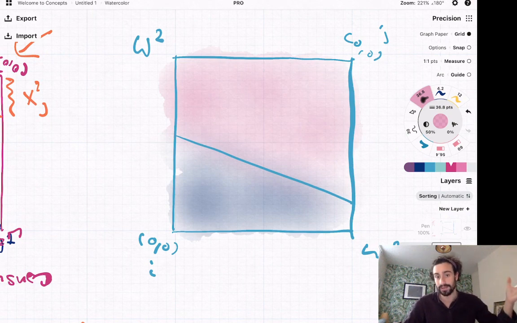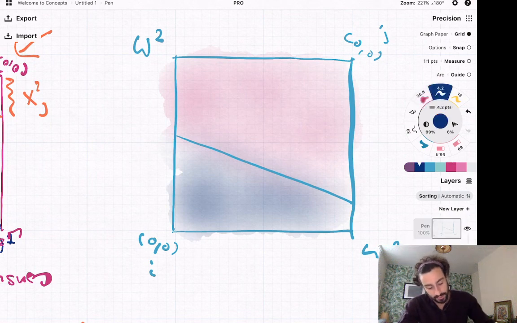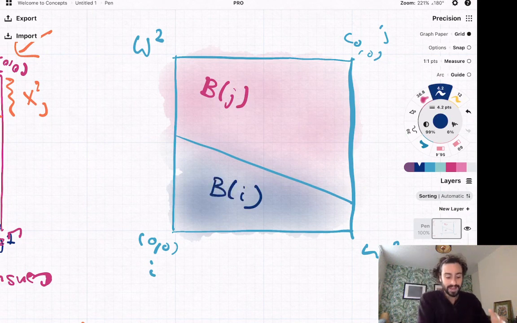I'm just not precise enough with my tools. But so this is the budget set, right? In some sense, this is the budget set of consumer J, and this is the budget set for consumer I. And this makes sense, right? You can always afford nothing here, or consumer J could always afford nothing up here.